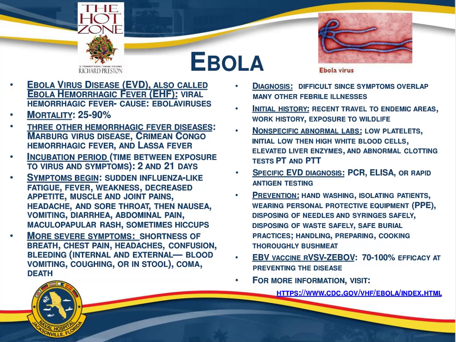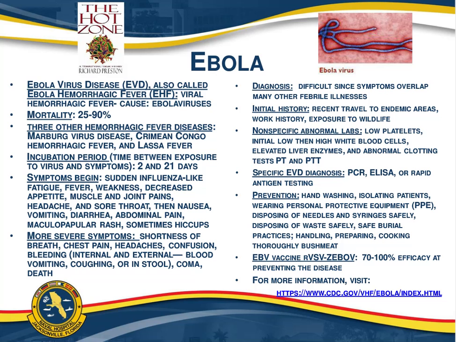There's 3 other hemorrhagic fever diseases. So there's Marburg, there's Crimean Congo, and there's Lassa fever. If you get a chance, read that book that I put on there, The Hot Zone, upper left-hand corner there. Great book. We had Ebola virus in Washington, D.C., in Reston, Virginia. You can read the book. It was not the one that affects humans, thank God, but we had it in the United States.